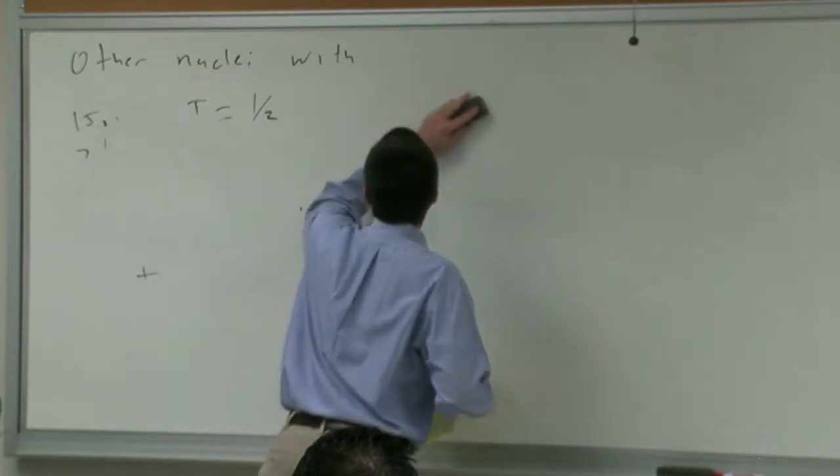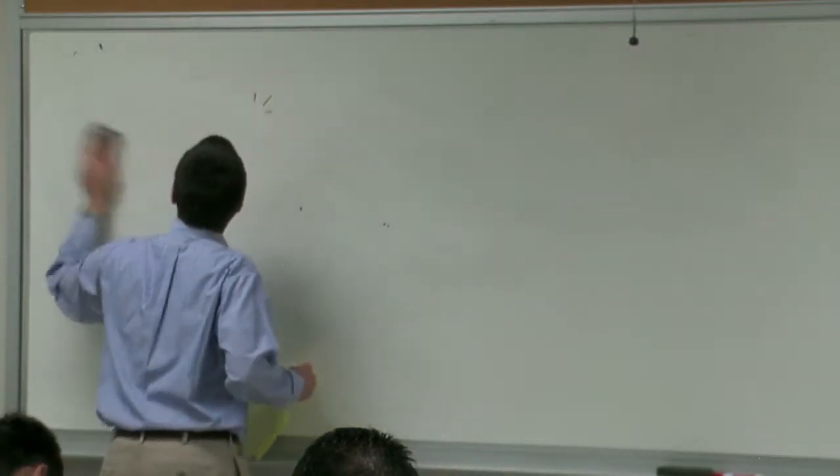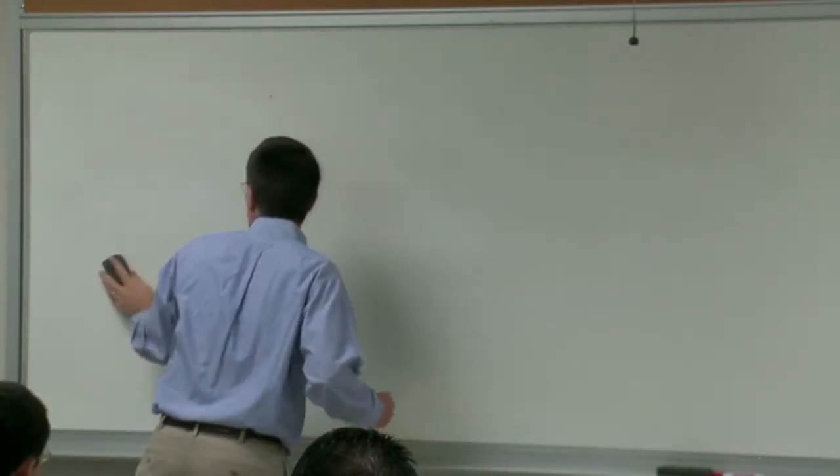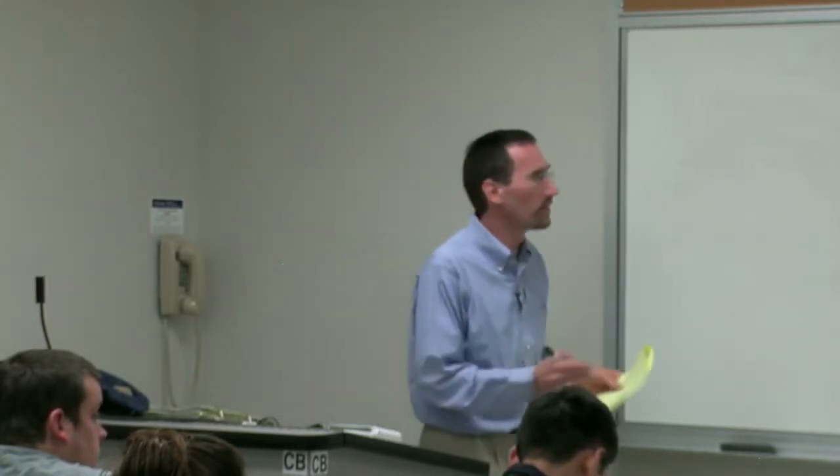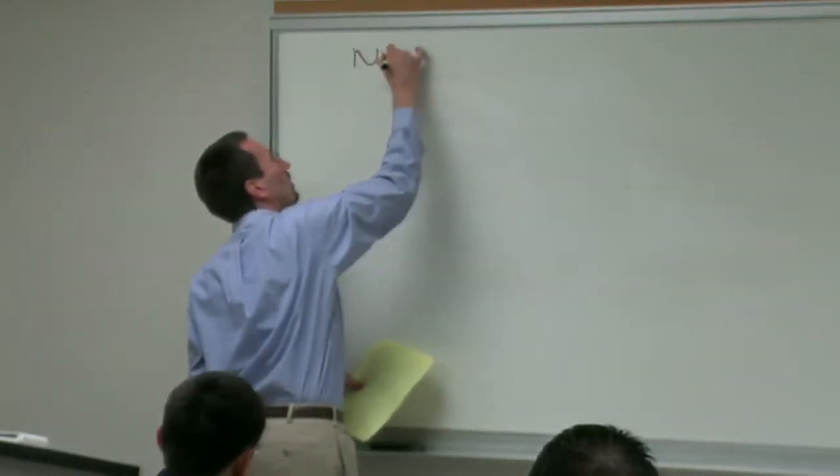All right, deuterium is kind of special among nuclear quadrupoles in that most of the time nuclei with quadrupoles undergo rapid relaxation. But deuterium is special. Its relaxation is slow.